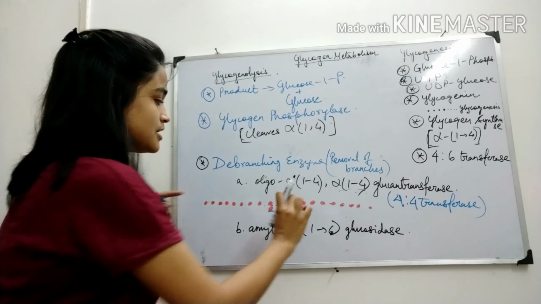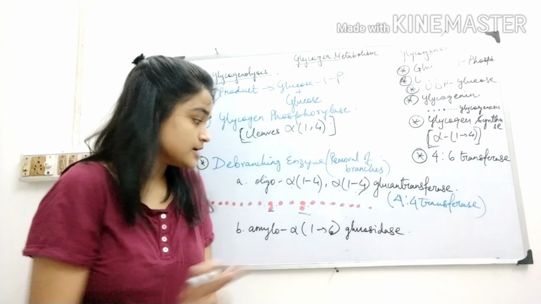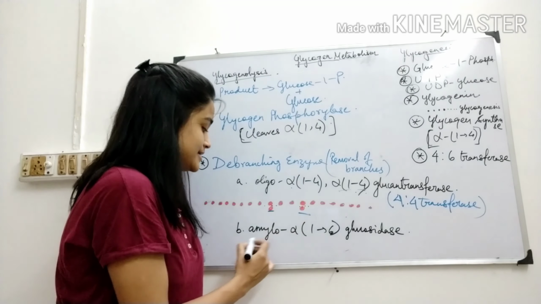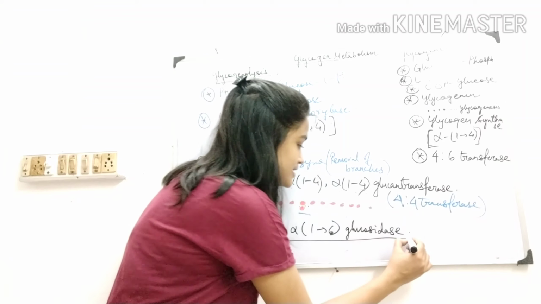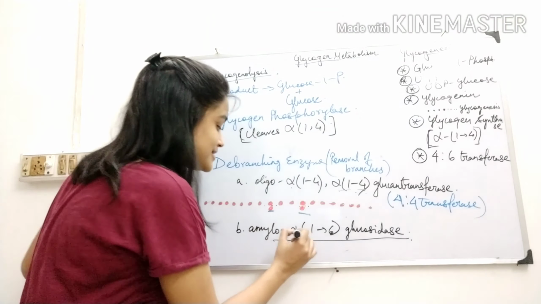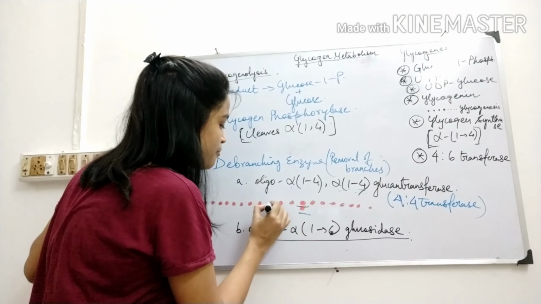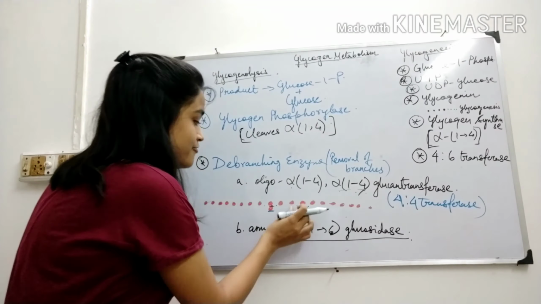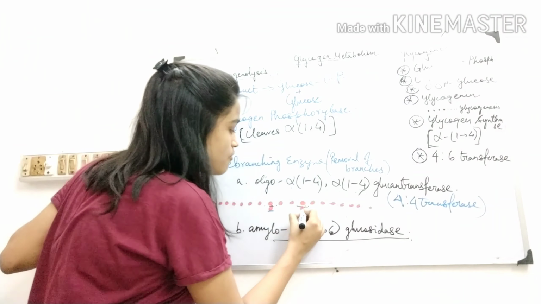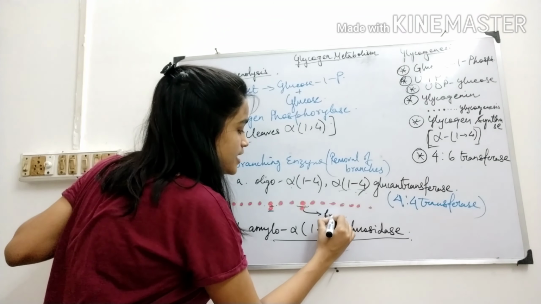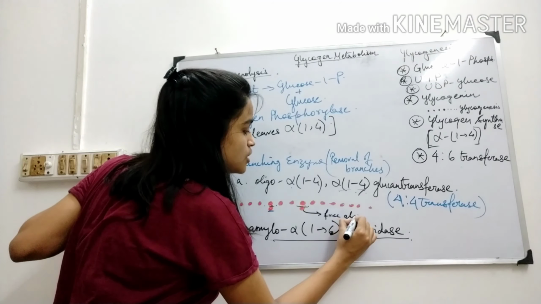So as I have told you, this bond is formed via a 1,6 bond, and the remaining these are 1,4 linkages. So this 1,6 linkage is broken down by this enzyme. So this enzyme will cleave this bond and remove this glucose moiety as free glucose.